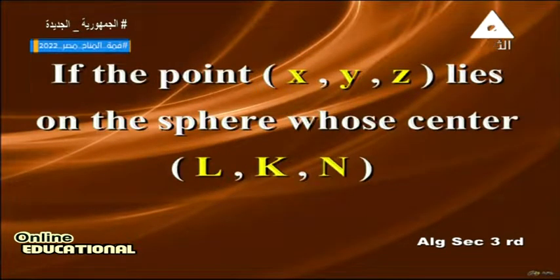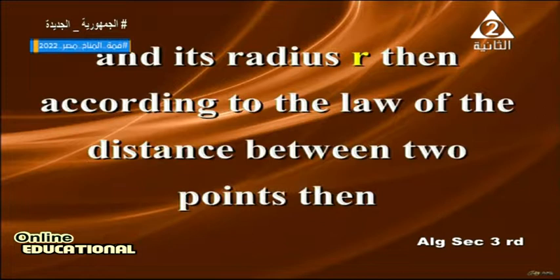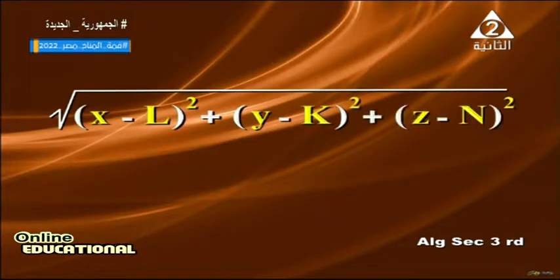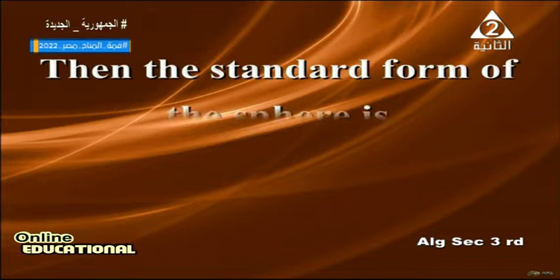If the point (x, y, z) lies on a sphere whose center is (L, K, N) and radius R, then according to the law of the distance between two points, the square root of (x minus L) squared plus (y minus K) squared plus (z minus N) squared equals R. This is the radius.